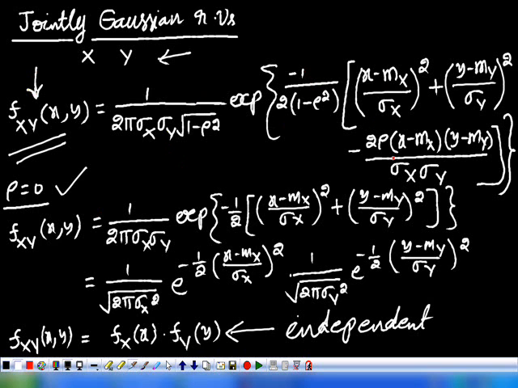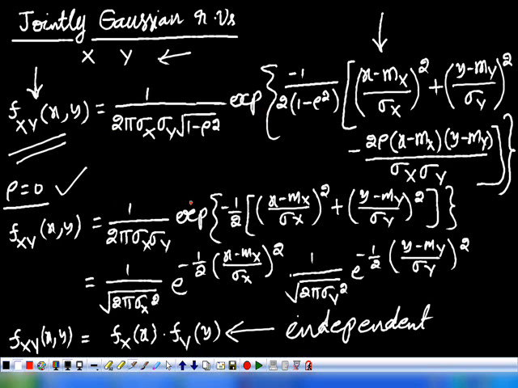If this term is constant, then fxy of x, y is also constant. Now we consider this particular term, that is x minus mx divided by sigma x whole square plus this minus this is equivalent to a constant. If that is a constant, automatically this exponent is a constant and this is a constant. So fxy of x comma y is also a constant.